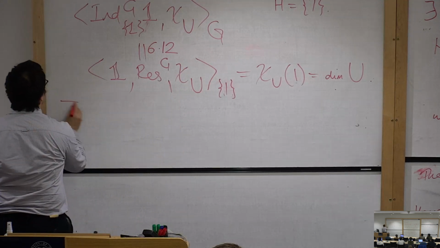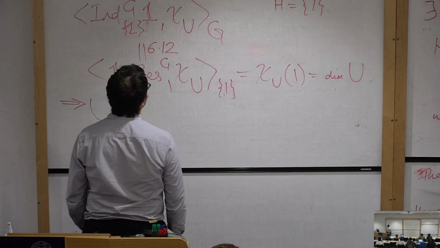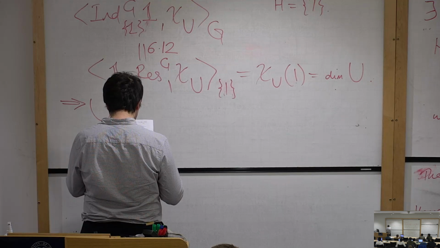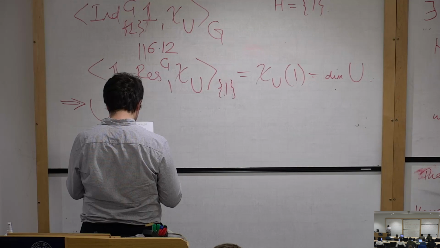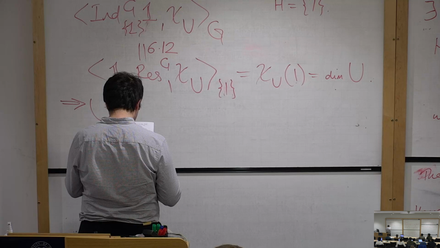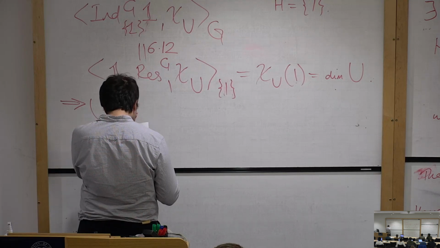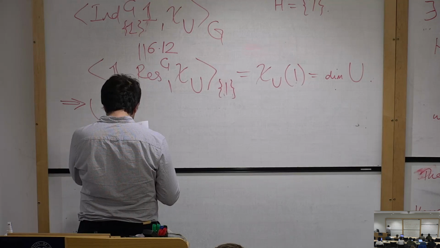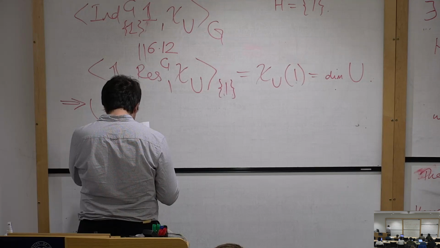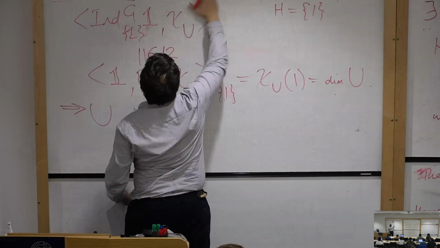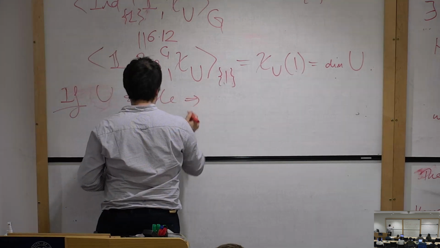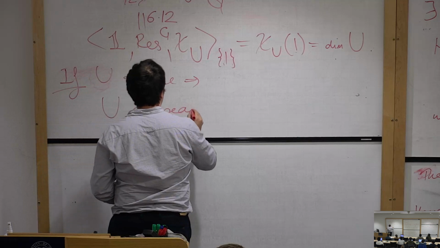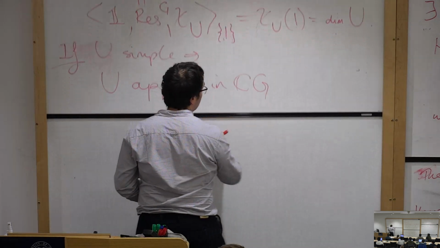And so that tells us that if U is simple, then it follows that the induced module, the free CG module of rank 1, contains U dim U times.